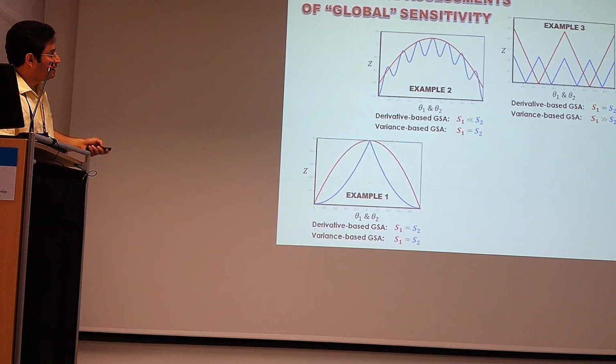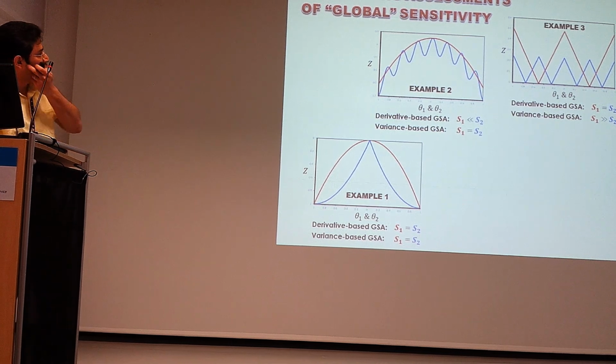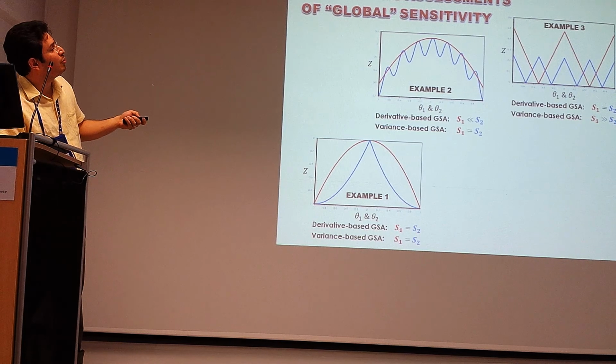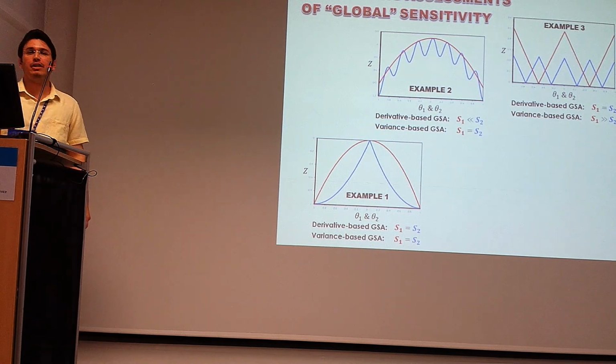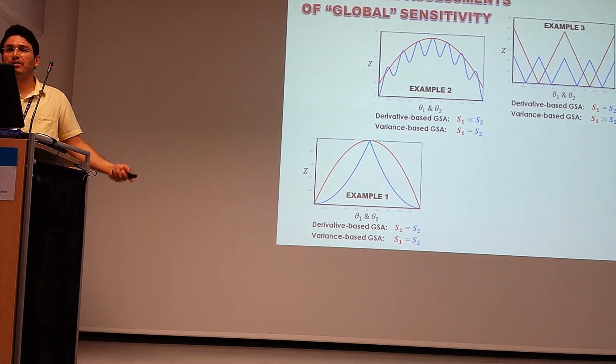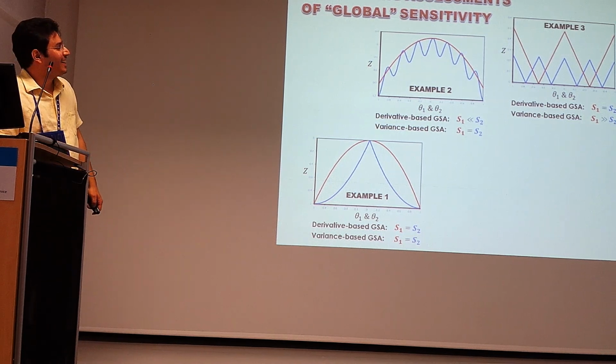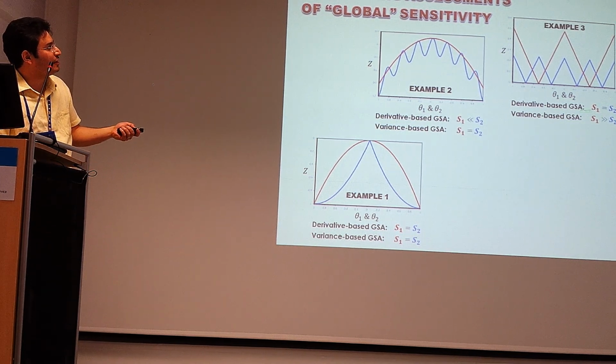So we looked at these two examples, and here is the third one. I don't have a 3D surface of this to show, but again, this is a two-dimensional case, theta 1 and theta 2, blue and red. Any idea which one is more sensitive here? And I guess I have the answers for the two.